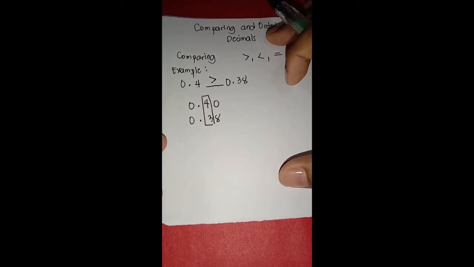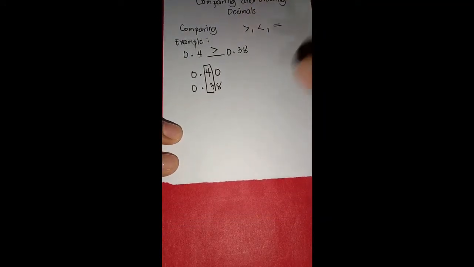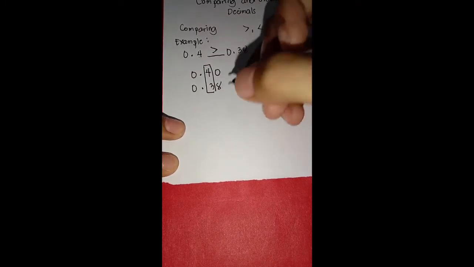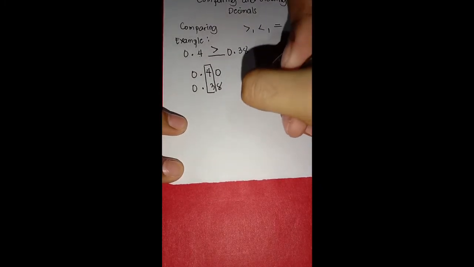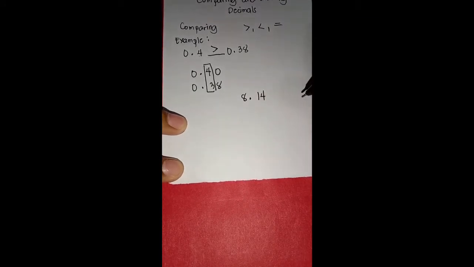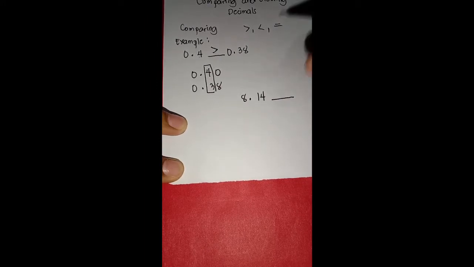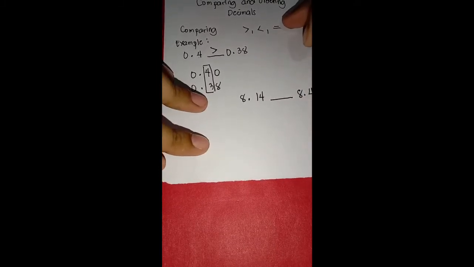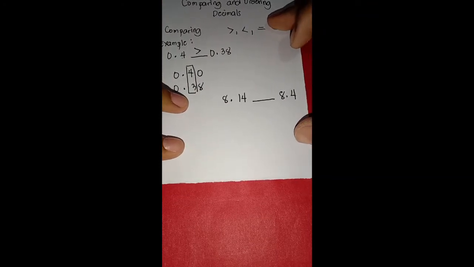So, let's have another example, para mas maintindihan siya. So, what if meron naman tayo ditong 8 and 14 hundredths. So, i-compare natin siya by 8 and 4 tenths. Okay.